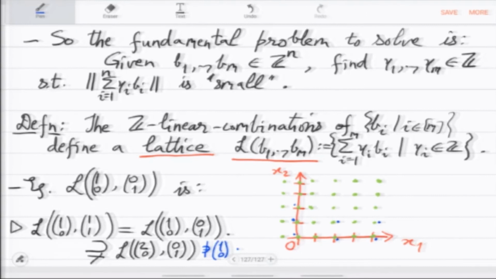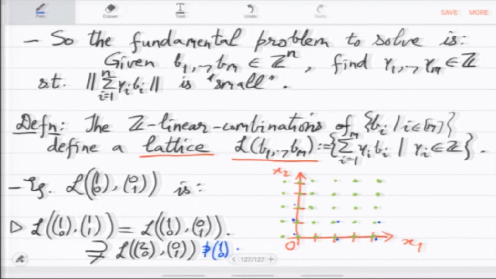If you look at this green lattice, the smallest vector here is (1, 0) or (0, 1). Its multiples cannot be the smallest, but (1, 0), (0, 1) or minus of that, those have length 1, and anything else will have length more than 1.